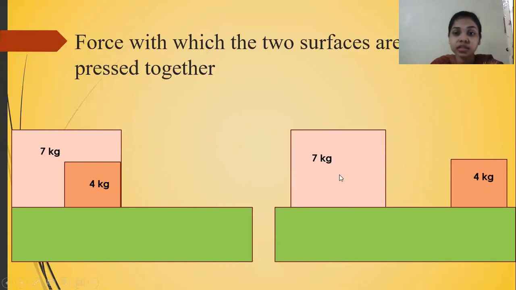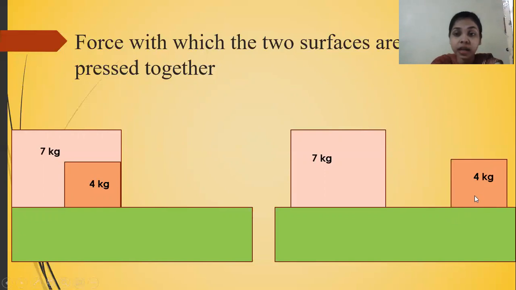Okay, and if the force of friction is more, then the object is not able to move forward much, right? But in this case, the box whose weight is 4 kg presses less, means it exerts less force on the surface, and the surface also exerts less force on this box.